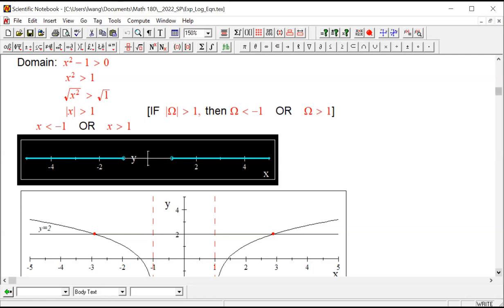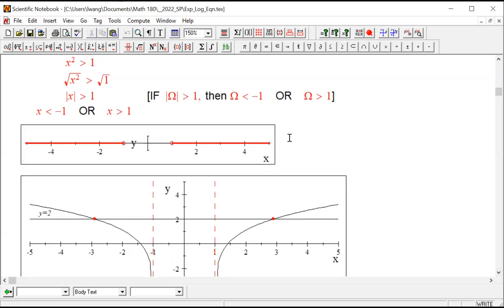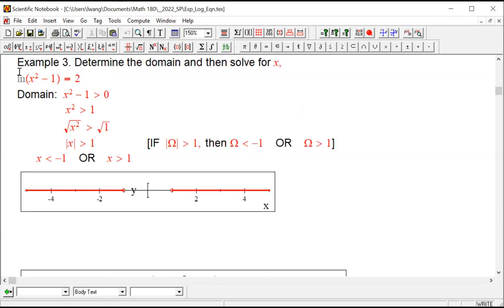The domain can be expressed using the number line. And if we are curious about the graph of the function, we can actually graph ln of x squared minus 1.